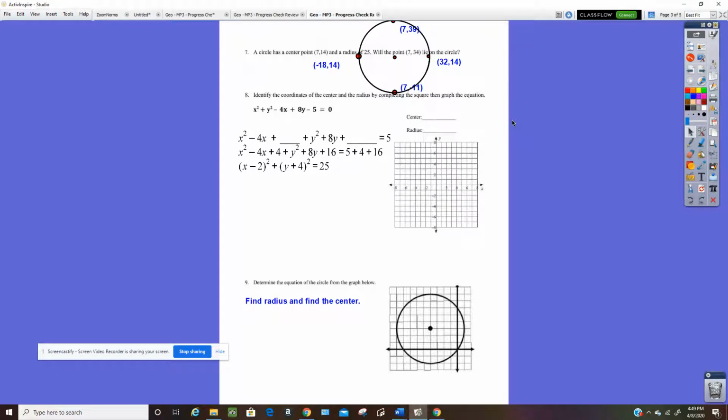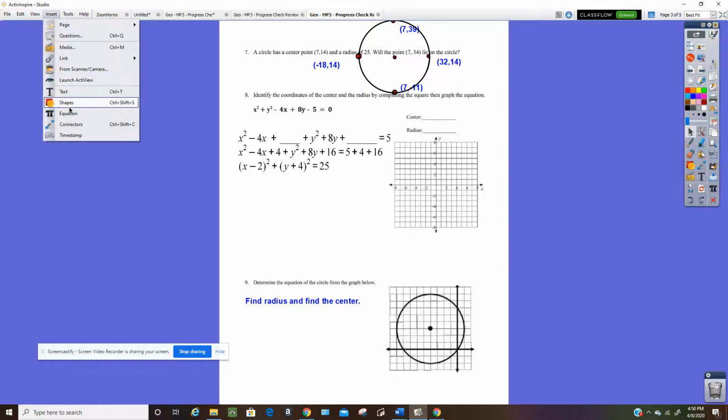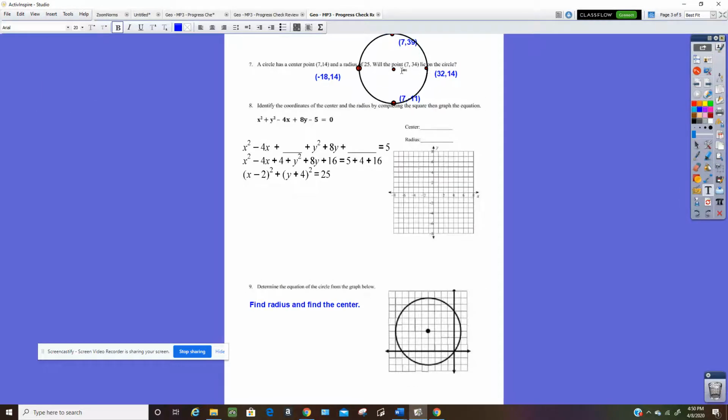Number 7, I just made a sketch. So this center point is 7, 14.